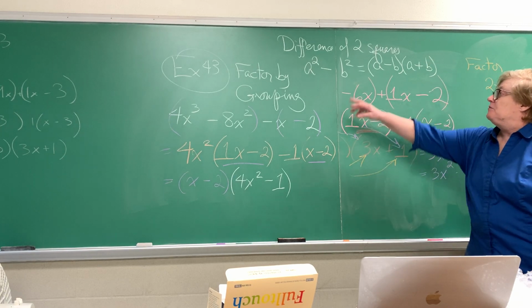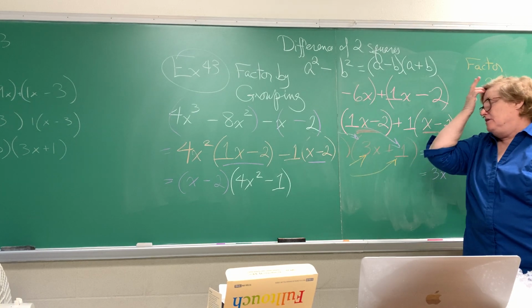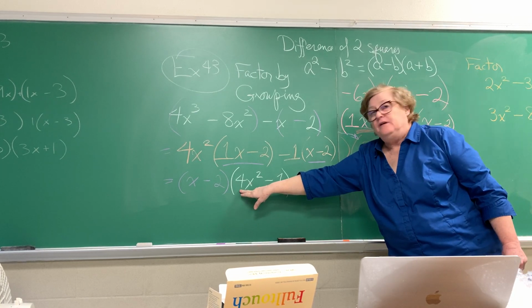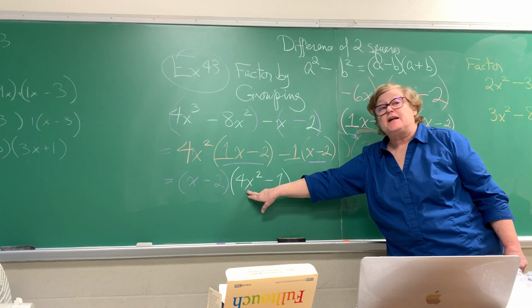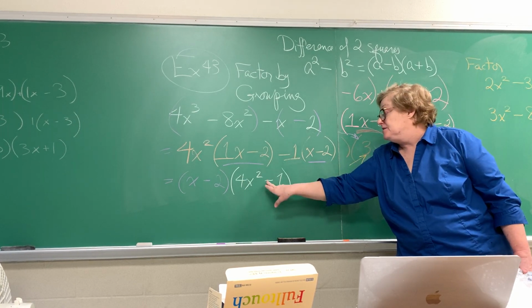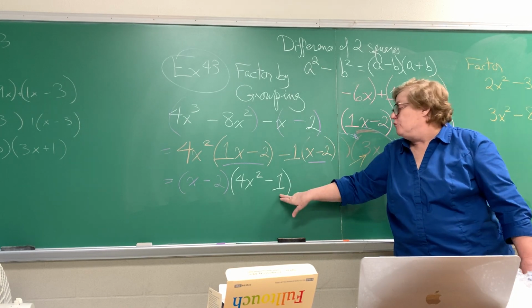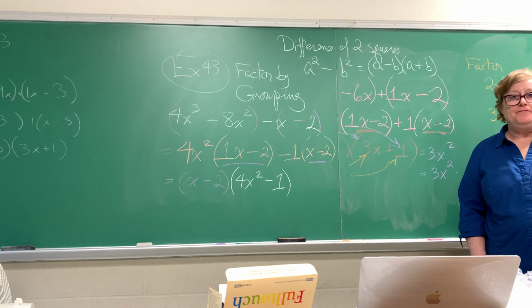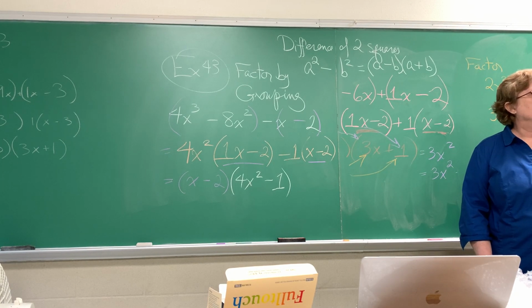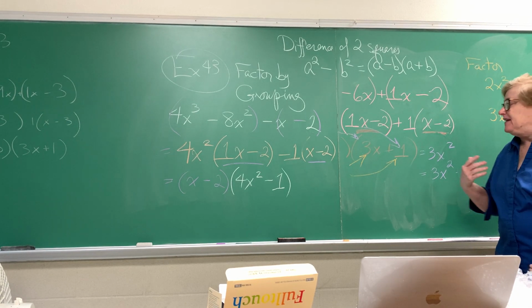And it only works when we have a negative sign and 2 perfect squares. But what's nice about 4? Is it a perfect square? What about x squared? Is that a perfect square? Yes. Is the minus sign in the middle a check? What about 1? Is that a perfect square? What is 1 times 1? 1. So 1 is actually a perfect anything.